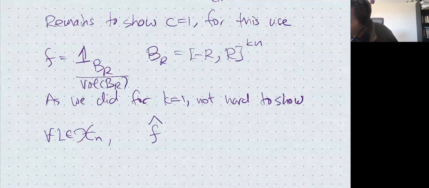F hat of L, a sequence of functions depending on a parameter R, converges pointwise as R tends to infinity to 1.